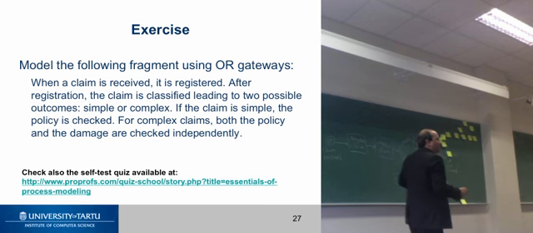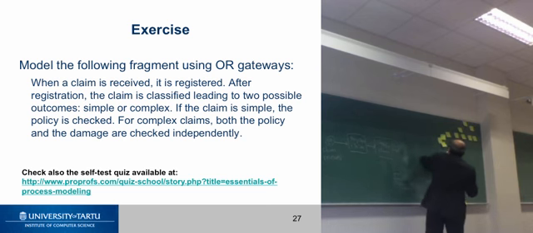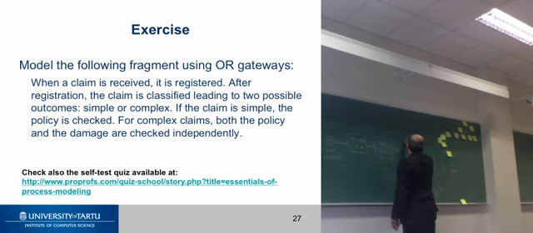Of course, you could have tried to do it with an XOR split and an AND split as well, something like this, but it would have been more complex. I could have said, if it's simple, check policy, and XOR join, and if it is complex, the opposite of simple, then I will have to check the policy again and check damage.